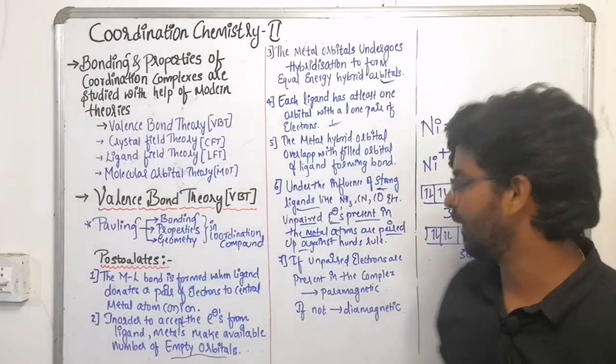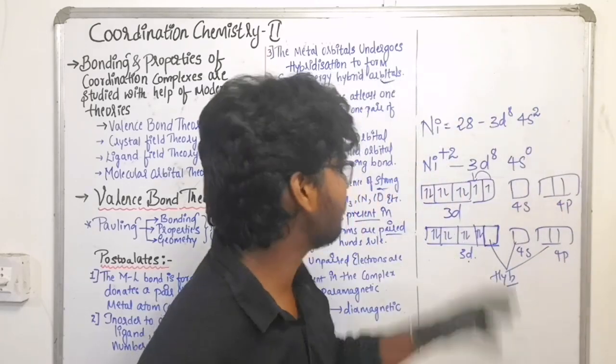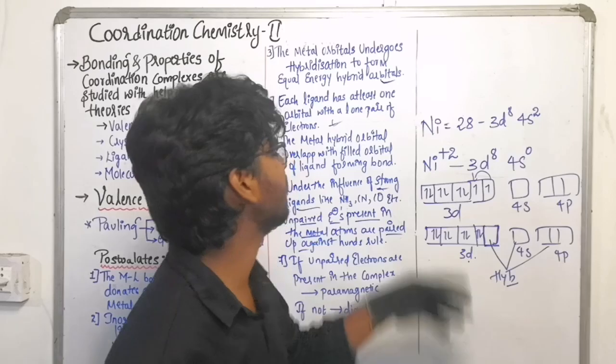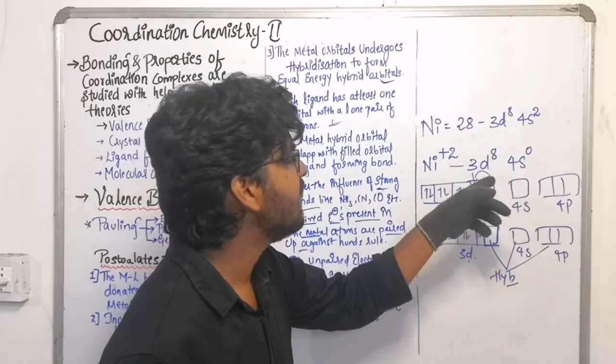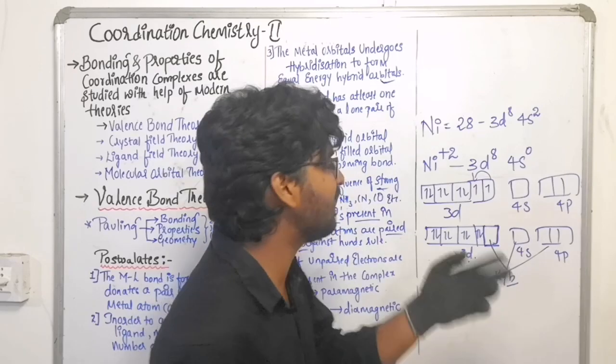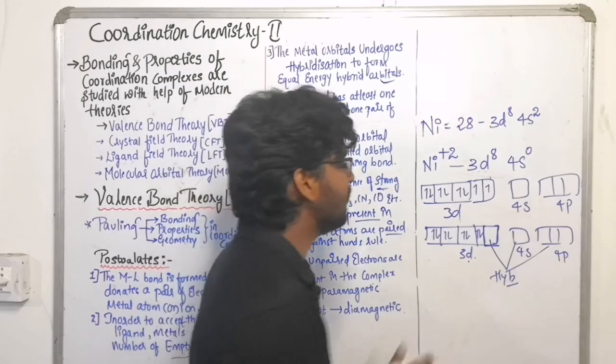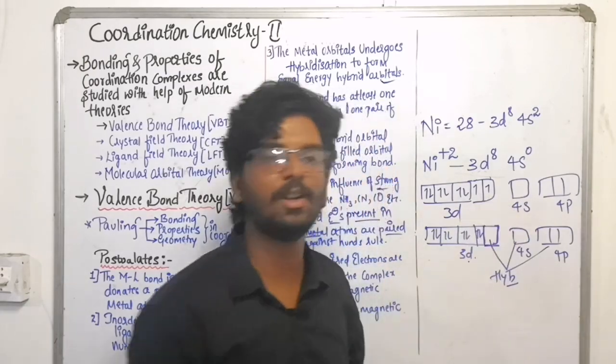Now the very important point is the unpaired electrons present in the coordination complex. Let us see this example only. See here, nickel +2, if for example there is a weak field ligand, what happens? No pairing takes place. That means there is availability of unpaired electrons.